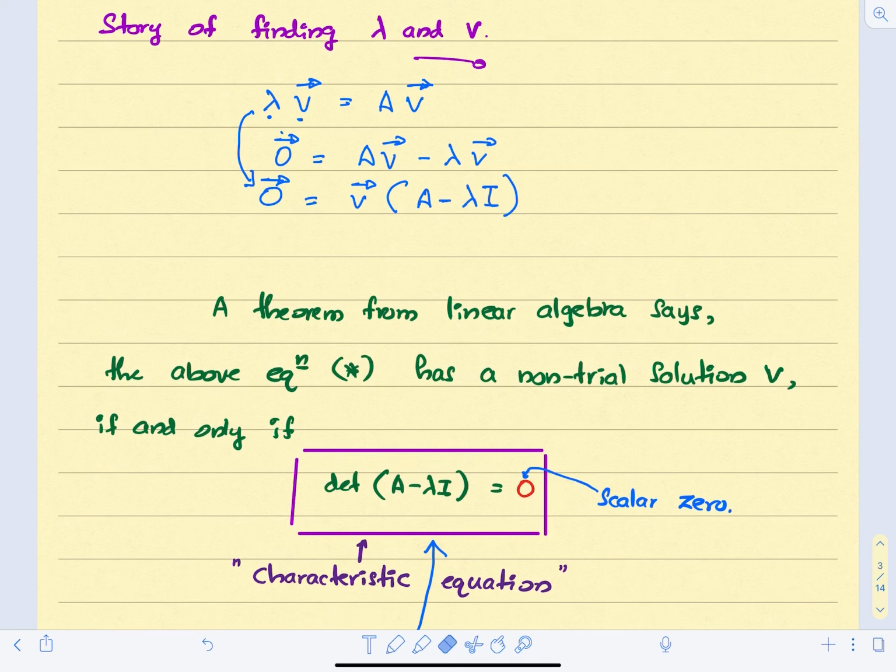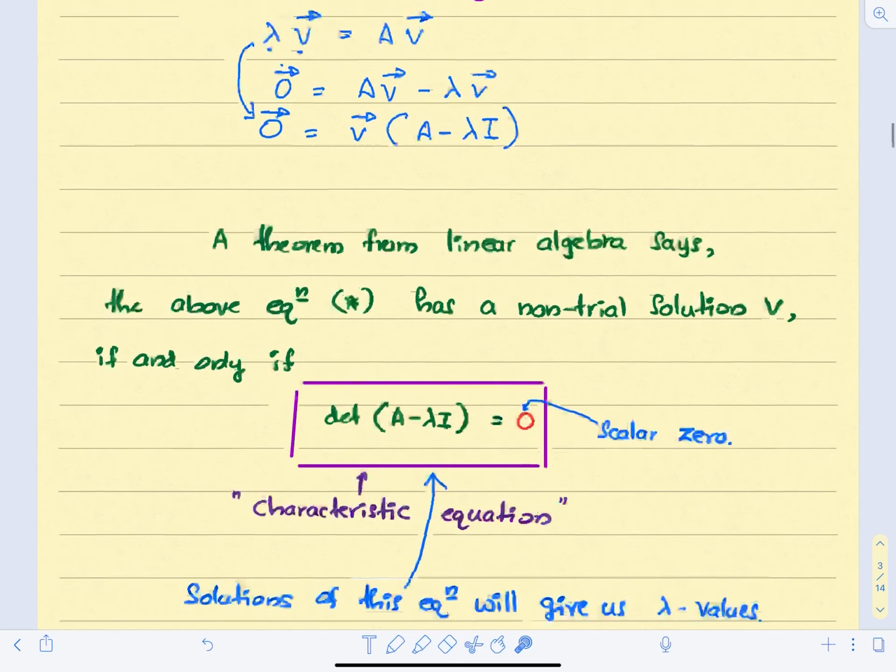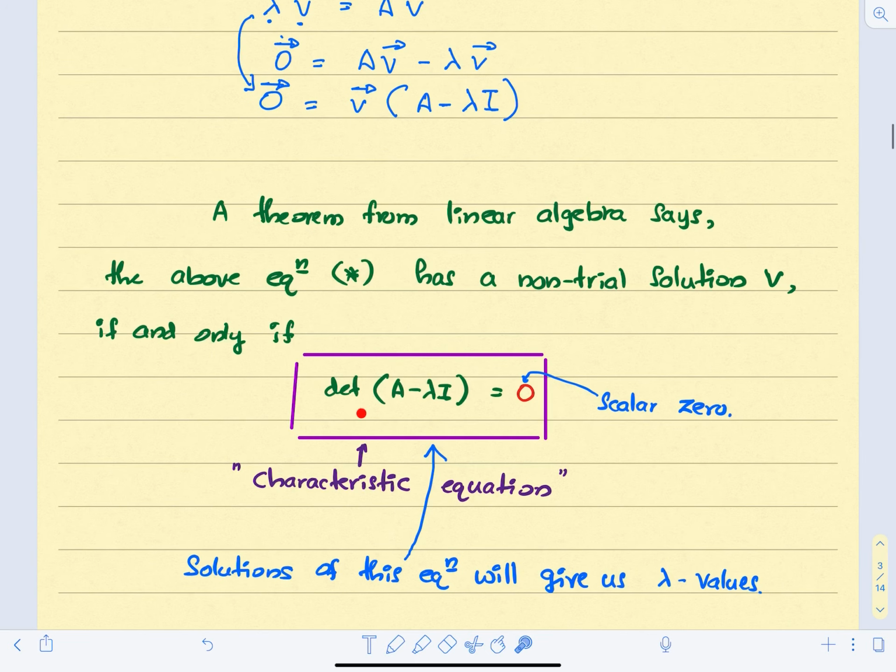This theorem says if we are looking for non-zero values for vector v, then the determinant of A minus lambda I should be 0. We have a special name for this equation, and this is the characteristic equation. Using this equation, we can find the lambda values.